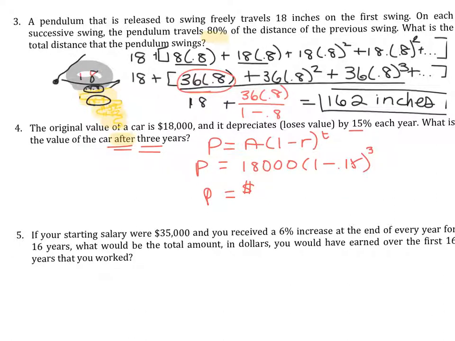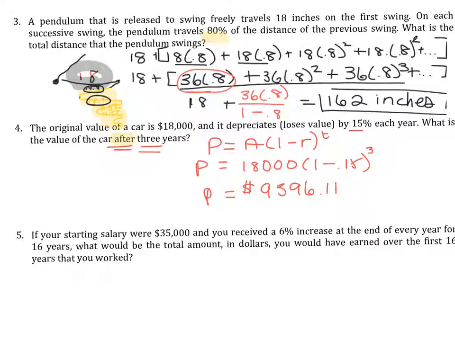Wait, that's not right. Let's type this in my calculator, my answer key I don't really like. Let's see. 1 minus 0.15 to the 4th power. Oh, that's much better. So this is $9,396.11. So what this means is after my 3 years, my car is going to be worth $9,000, where instead it was worth $18,000.